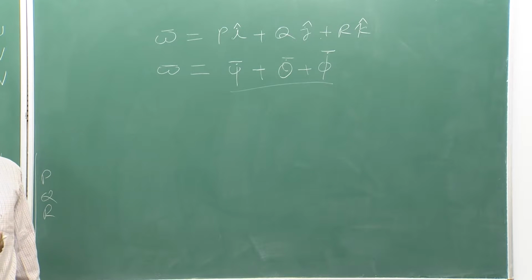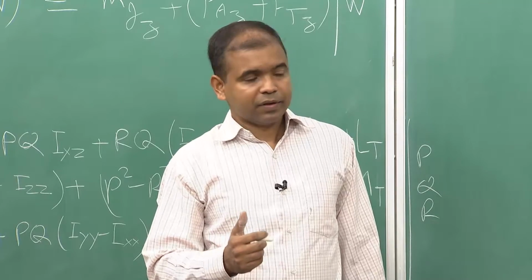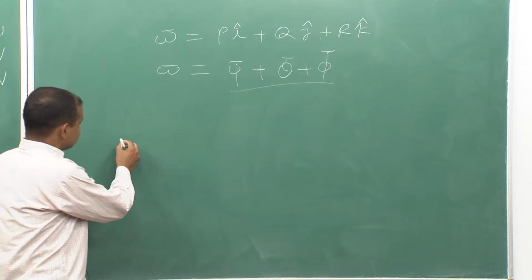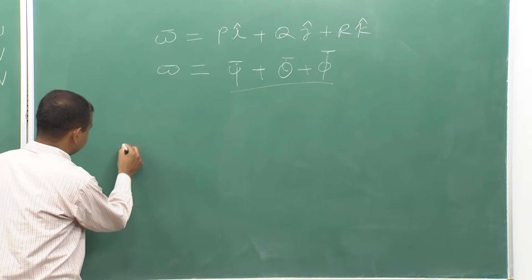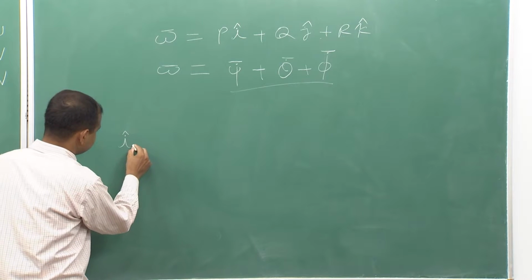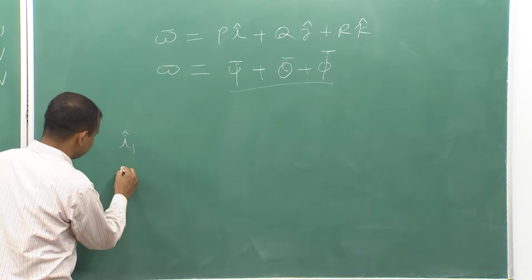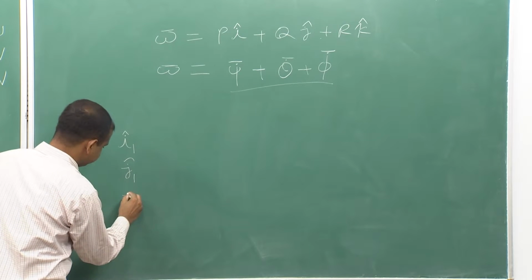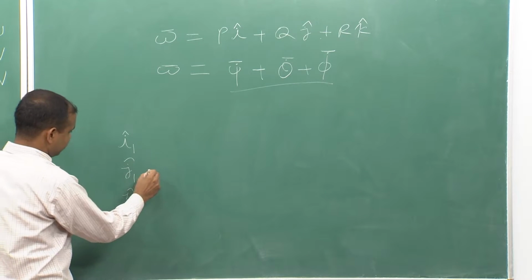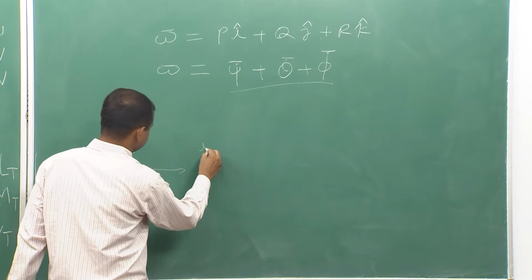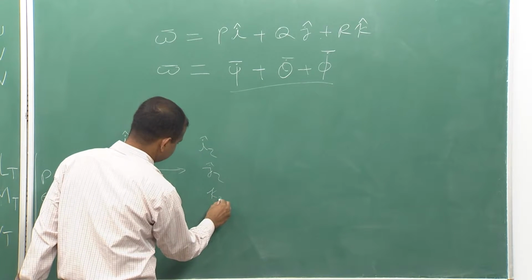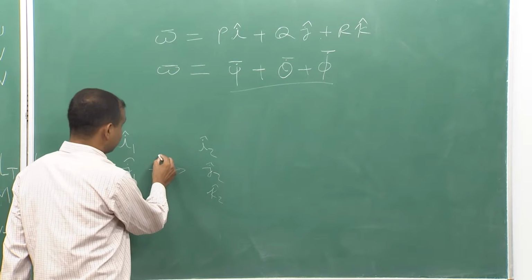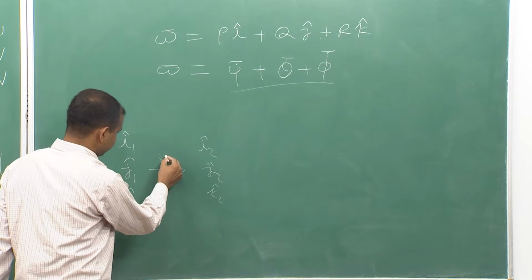The first was the psi, and this was about the z axis, and for this, suppose we transformed our coordinate system from the body axis, and in the body axis we had the unit vectors I1, J1 and K1, and from here we got the I2, J2 and K2, and the rotation that we performed was the psi.